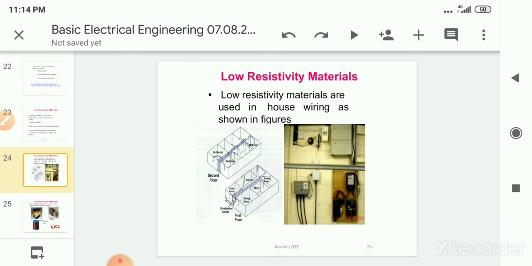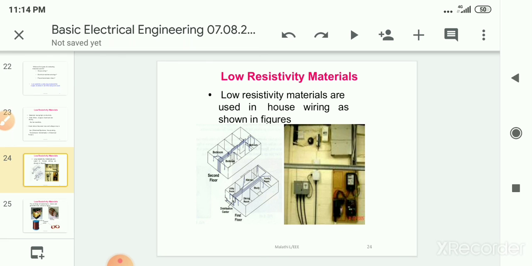If the voltage drop or power losses are more, then our electric bill is more, but the useful power will be less. That's why it is required to use low resistive materials in house wiring as conductors for supplying power to various appliances.